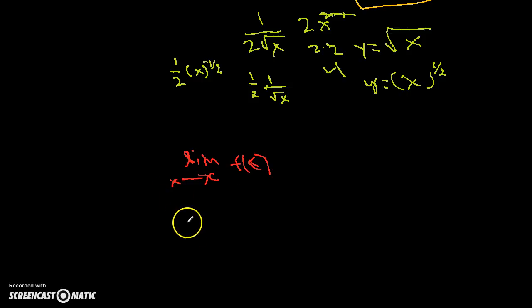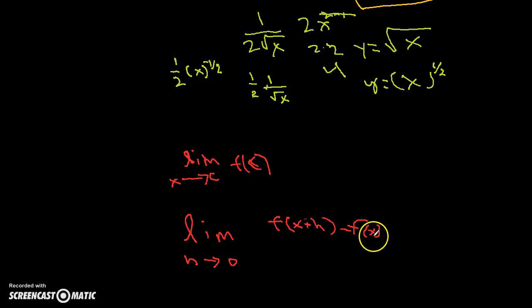So this is the definition of the derivative. It's the limit as h approaches 0 of the function we're trying to take the derivative of, f of x plus h, minus f of x, and all that divided by h.